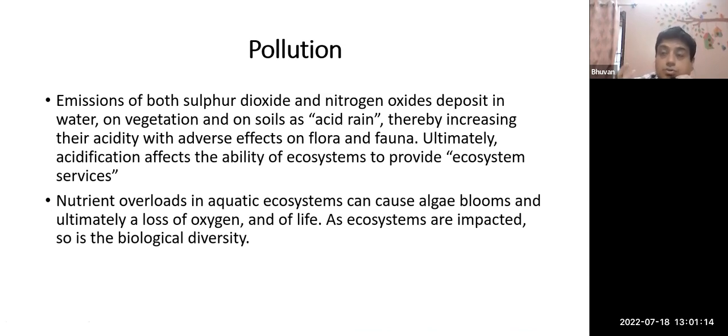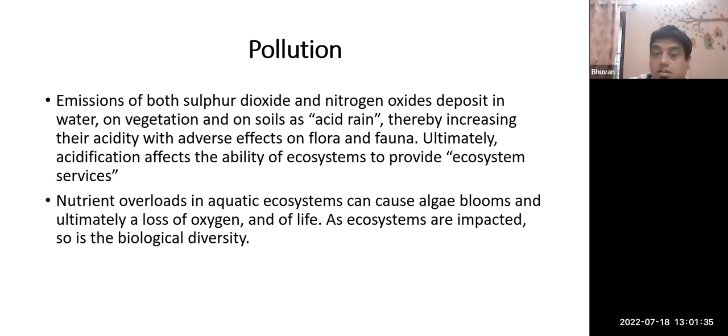And as you know, if the pH of the water is reduced, many poisonous metals get activated, their toxicity gets enhanced, and that impacts the aquatic flora and fauna also.